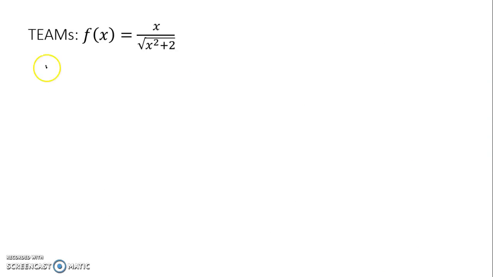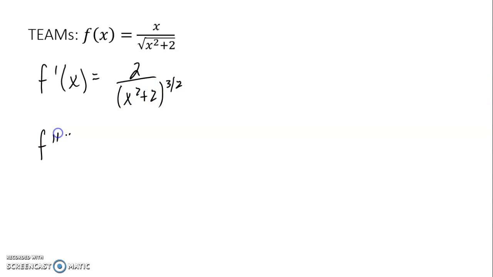Now, when we look at the derivative as 2 over x squared plus 2 to the 3 halves power, for the second derivative, that should be really easy because I don't even need the quotient rule. I don't have an x in the numerator. So I would definitely tell you to rewrite it as a product rule because now it's just chain rule.